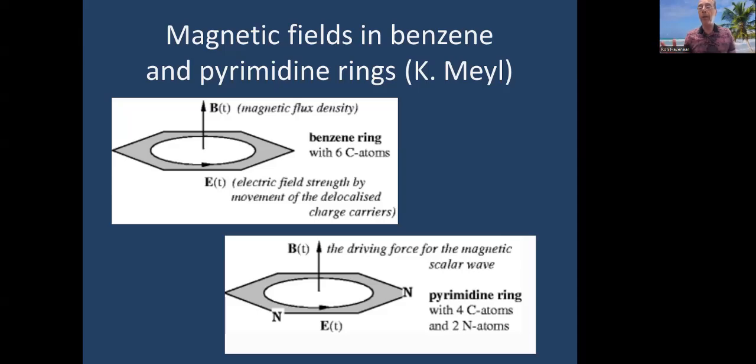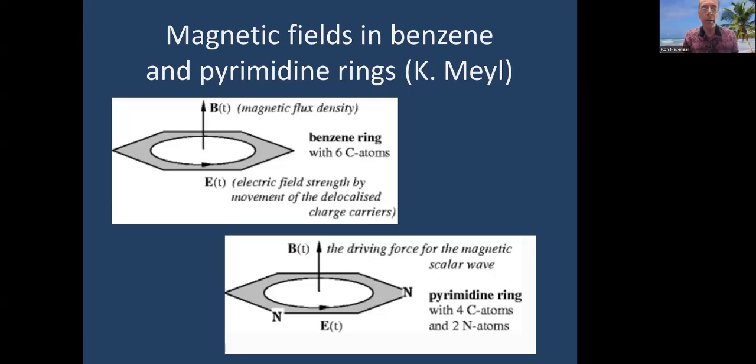But what is then happening there? If an electron is rotating inside a ring, it becomes a rotating coil. A rotating charge will effectively create a magnetic flux, a magnetic force, and that is a very strong, effective force, perpendicular to the plane of the benzene ring.